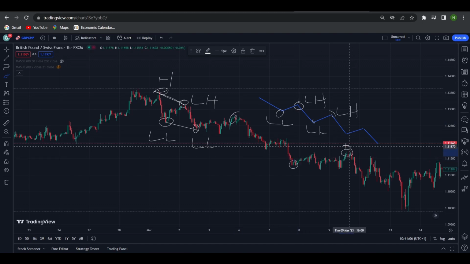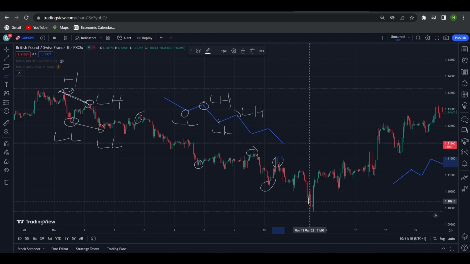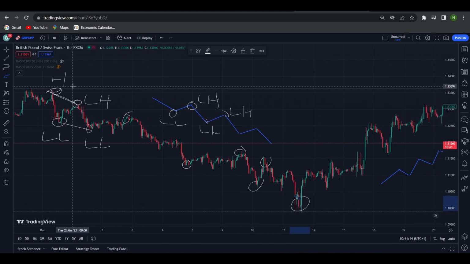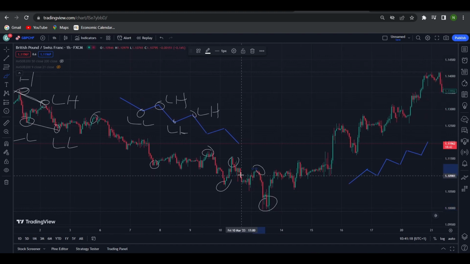So you can see that we are making lower lows, lower highs, etc., and it reaches this point right here. So after a while of lower lows and lower highs, we have this area right here. So it makes a lower high and a lower low, and then it tries to make another.